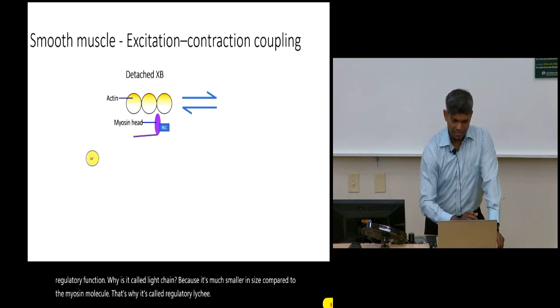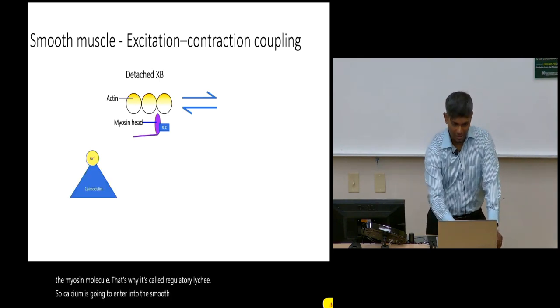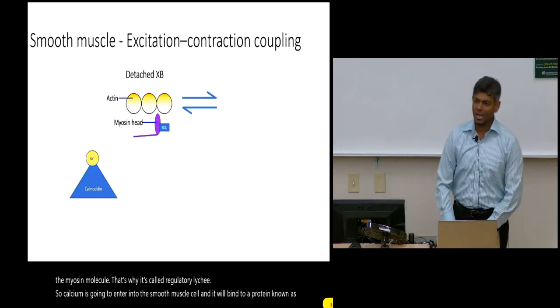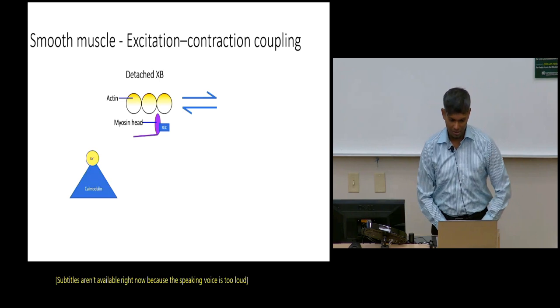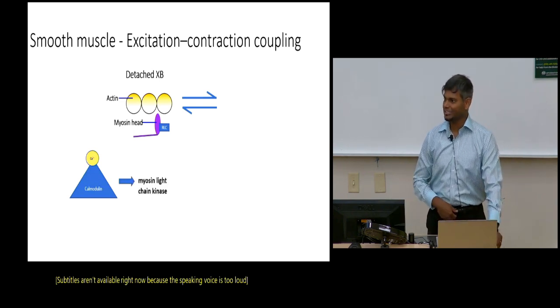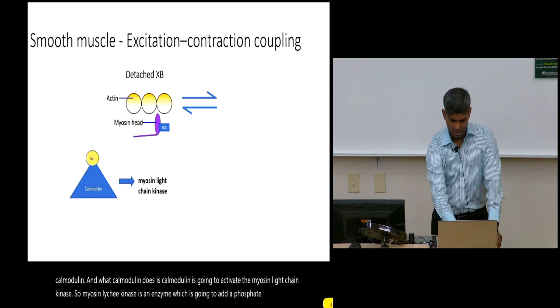So calcium is going to enter into the smooth muscle cell, and it will bind to a protein known as calmodulin. What calmodulin does is activate the myosin light chain kinase. So myosin light chain kinase is an enzyme which is going to add a phosphate group. That's what kinase means.